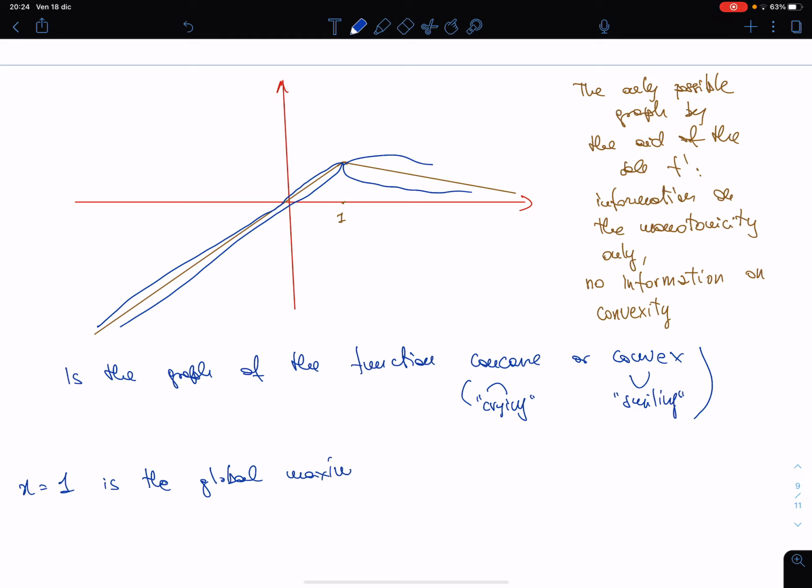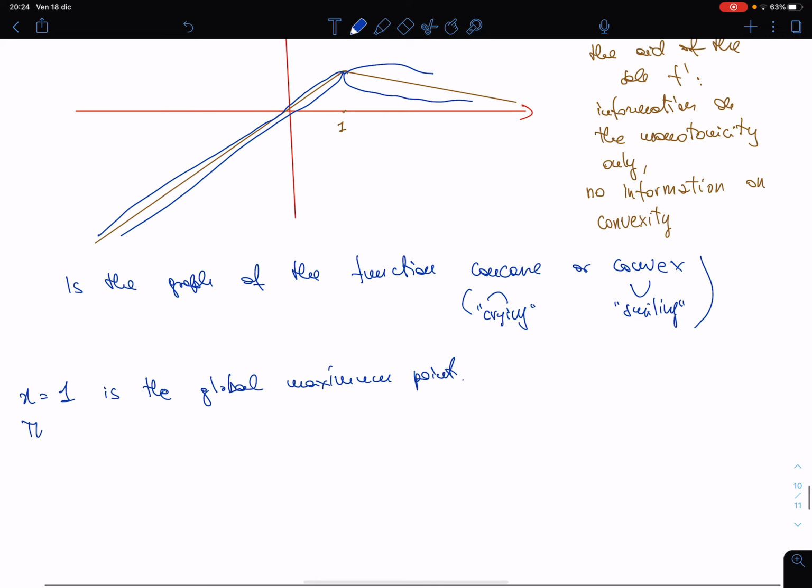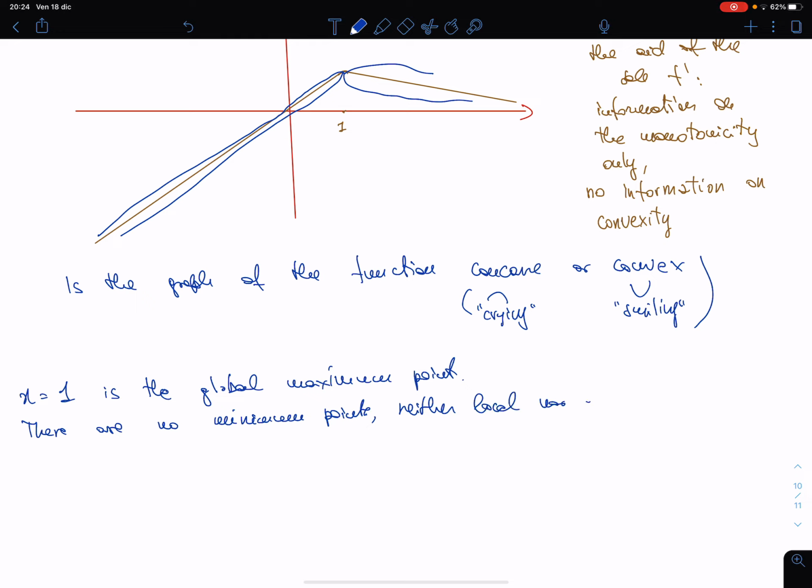In particular, it is local. And then there are no minimum points, neither local nor global. And this is all for now.